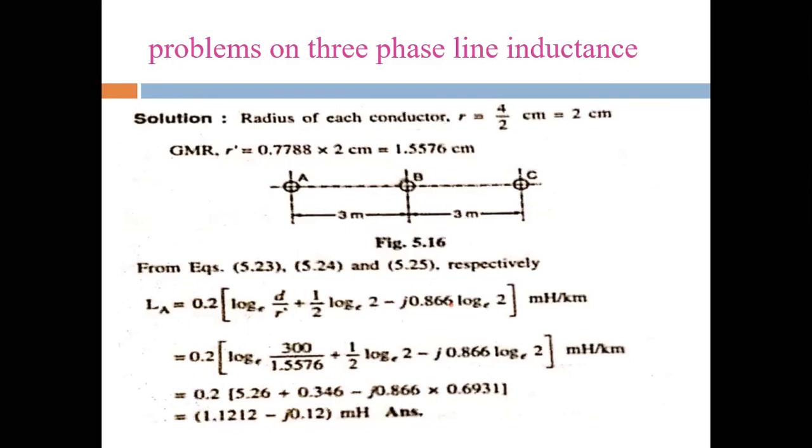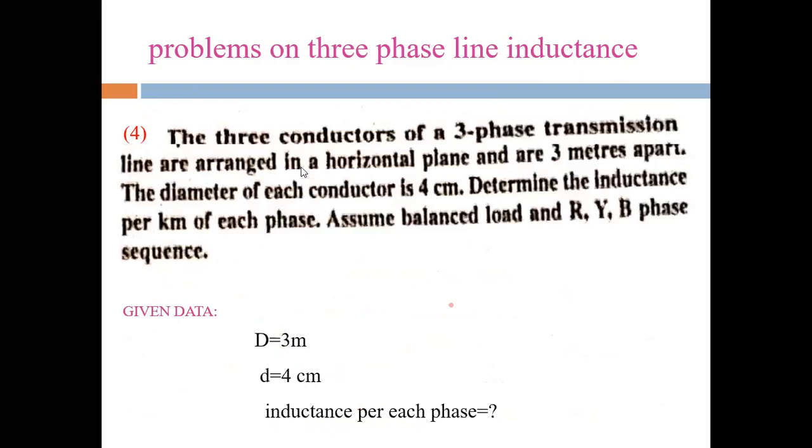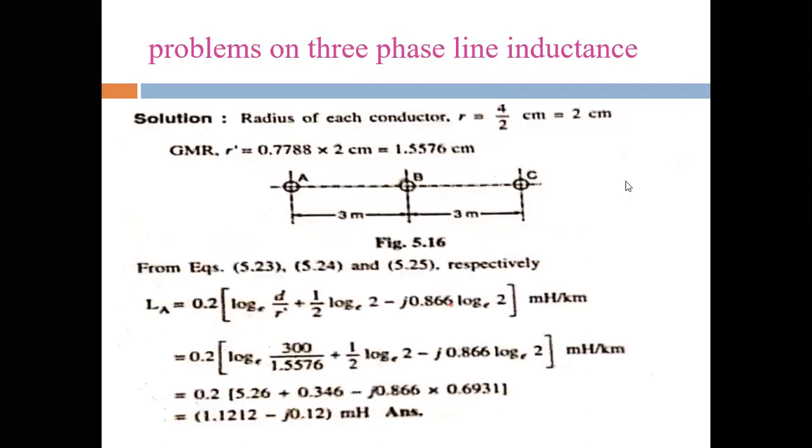We take this diagram because the three conductors RYB of the three-phase transmission line are arranged in a horizontal plane, 3 meters apart. The three conductors are in the same plane, with a 3 meter distance between each conductor: A to B is 3 meters, B to C is 3 meters and C to A is also 3 meters.